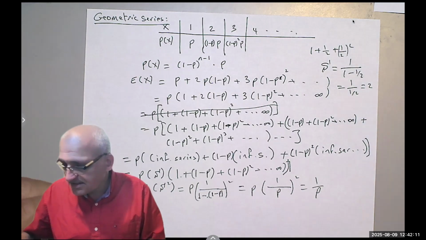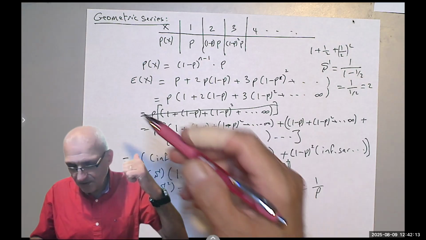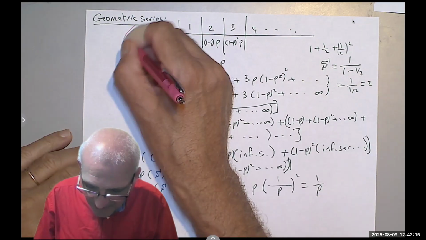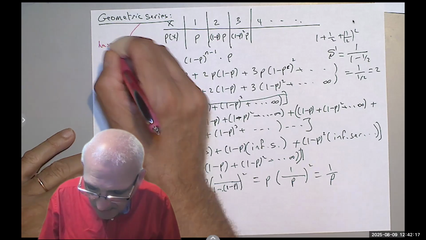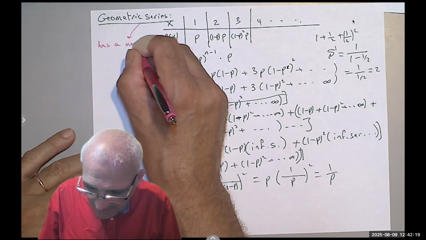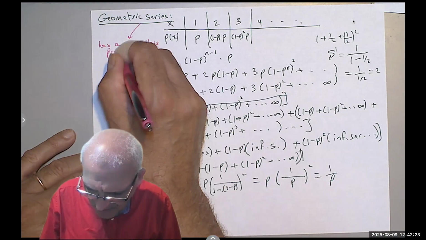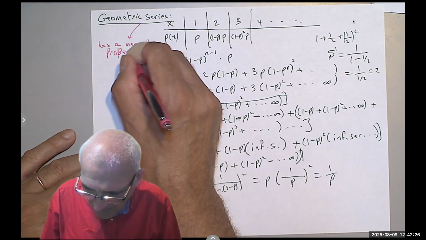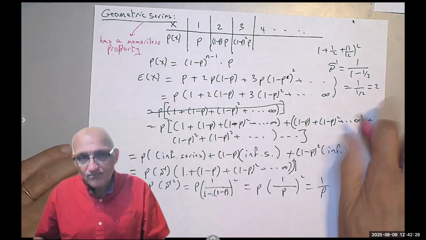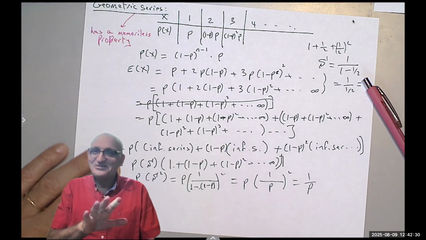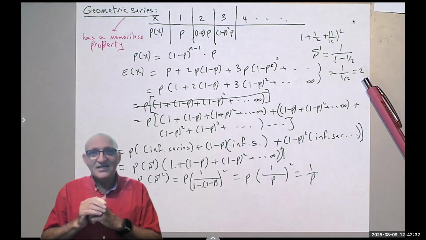The geometric series, and you will get one in the continuous, has what we call a memoryless property. What does that mean? Think about, again, just to make it easy, tossing a coin.